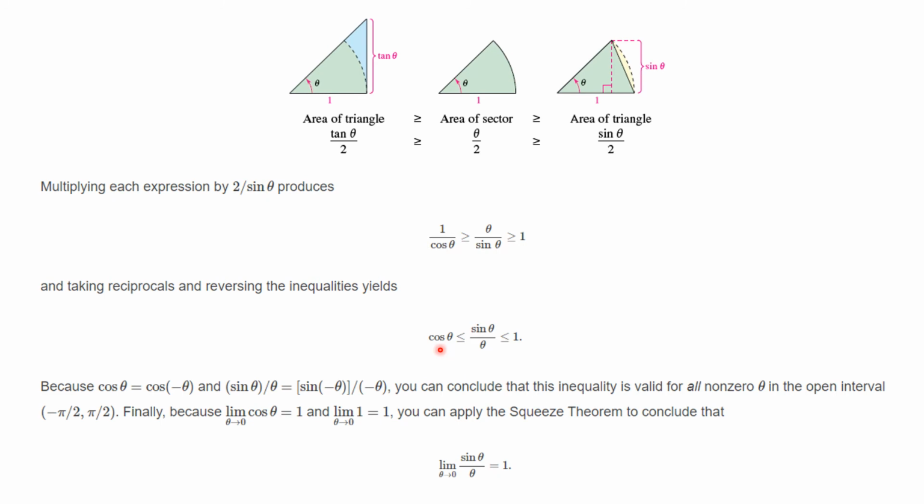So this side becomes 1. This side, the limit of 1 as theta goes to 0 is just 1. And so I got that this is between 1 and 1. So the squeeze theorem tells us that the limit as theta goes to 0 of sine theta over theta is equal to 1. Kind of cool, huh?